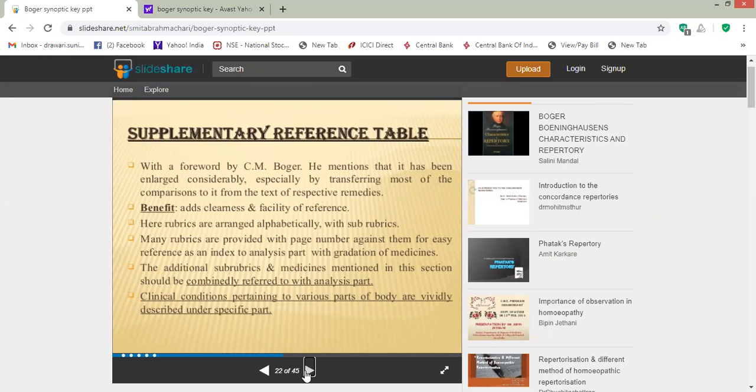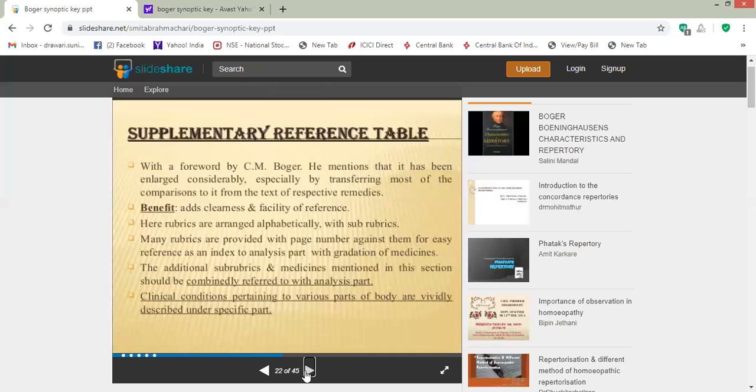The clinical conditions pertaining to various parts of the body are vividly described under specific parts. So this reference table was added in this book to add clearness and facility of reference. In it the rubrics and subrubrics are arranged alphabetically, and the rubrics are written with page numbers as well as an index to the analysis part.